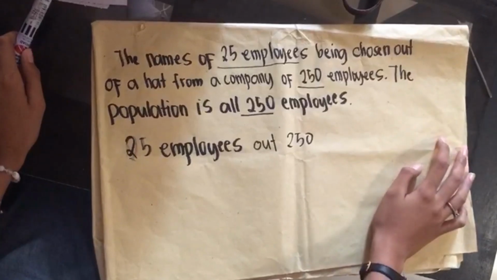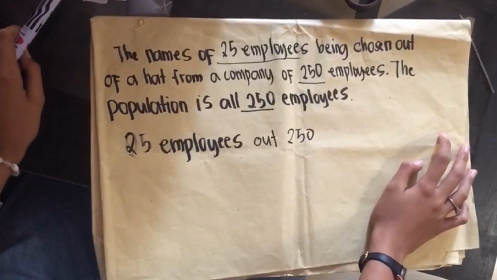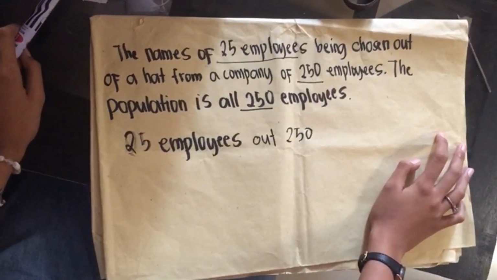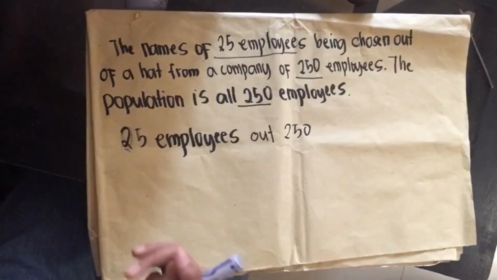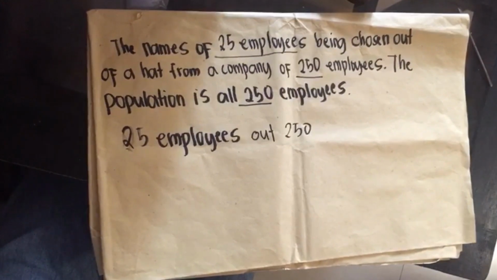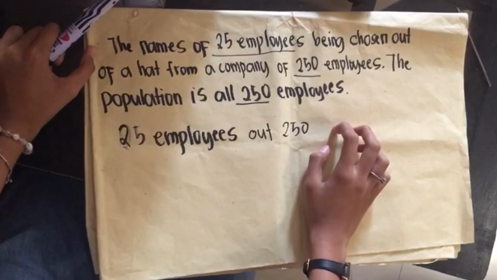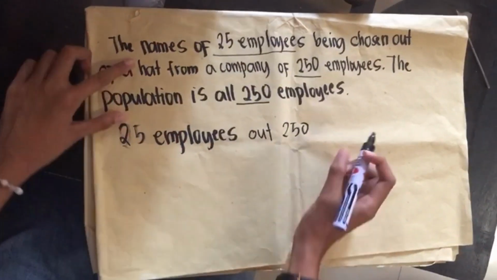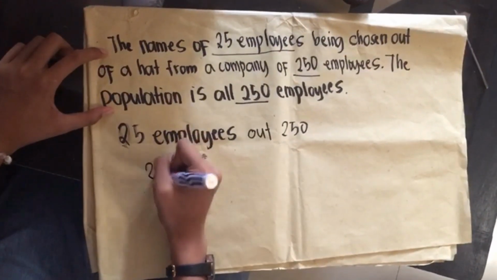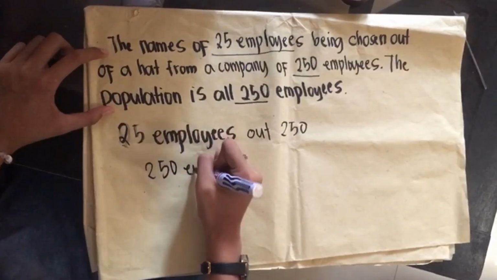Random sampling is used in science to conduct randomized control tests or for blinded experiments. So the 25 employees out of 250 chosen out of a hat is an example of the lottery method at work.